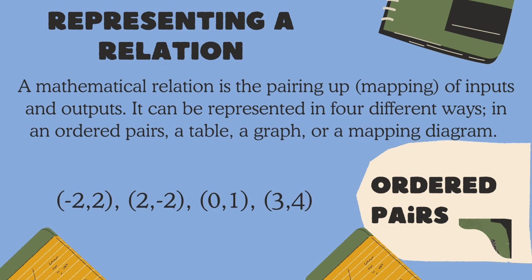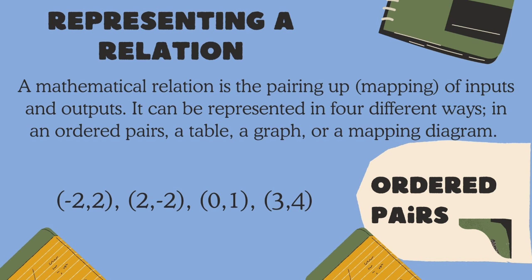So, aside from ordered pairs, there are three more ways to represent the relation. This example is the example of ordered pairs. Usually, ordered pairs are the most common way used when we represent a relation.